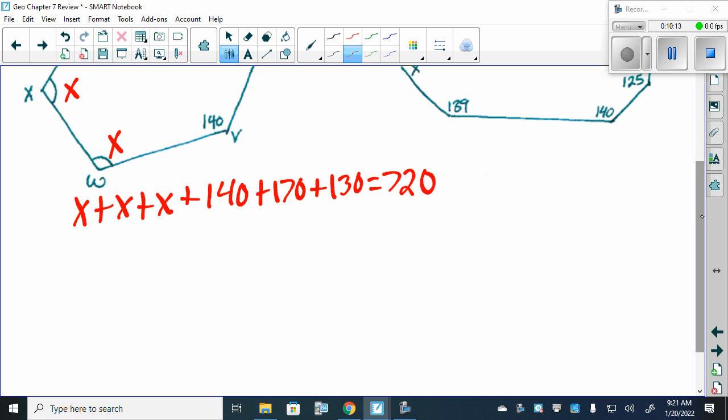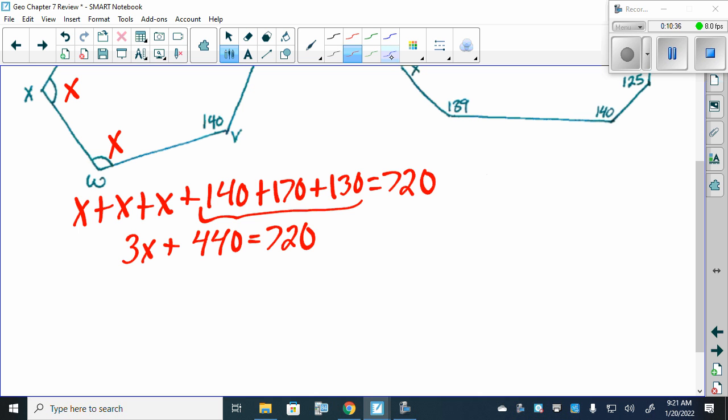So here we have x, which would be 3x plus 440, because the 170 and 130 would be 300, and then we can add 140 to it.